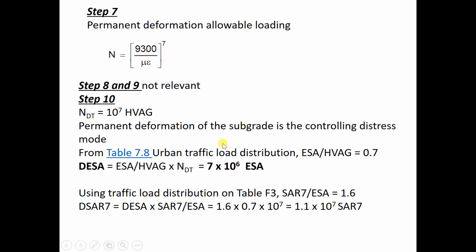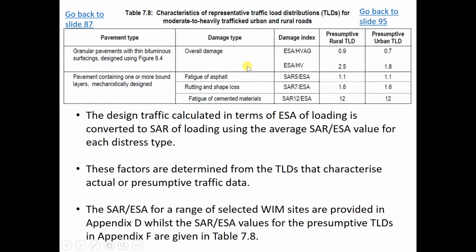Okay, so the permanent deformation of the subgrade is the controlling distress mode. So we need to change the HVAG to ESA. There's a conversion factor, ESA divided by HVAG, of 0.7. Actually, for granular pavement, ESA over HVAG for presumptive rural is 0.9, and for presumptive urban is 0.7.